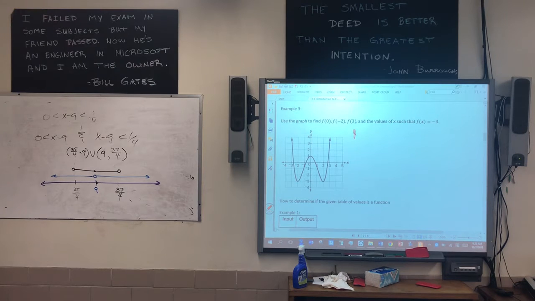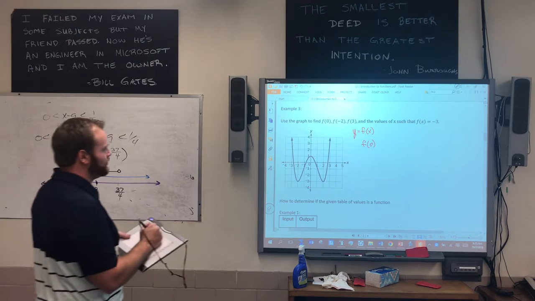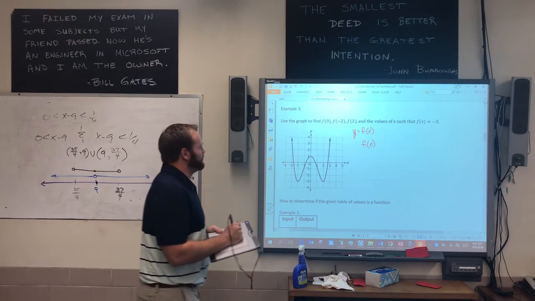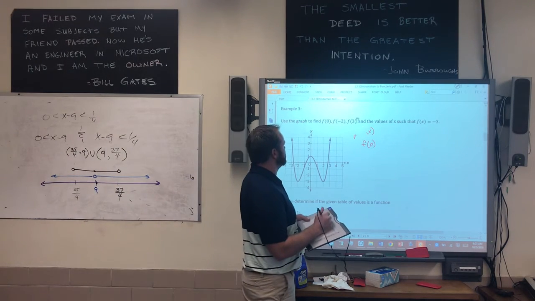We said y equals f of x. Okay? Y equals f of x. So, when I see something like f of 0, it might even make more sense to write it initially. Let's see here. Tablet died. Oh, there we go.